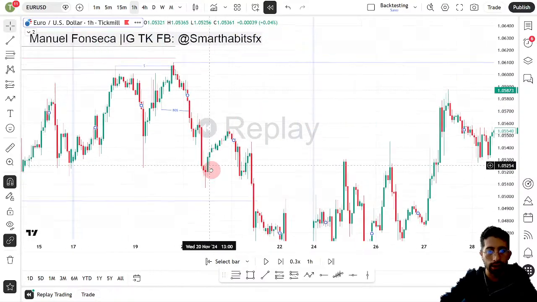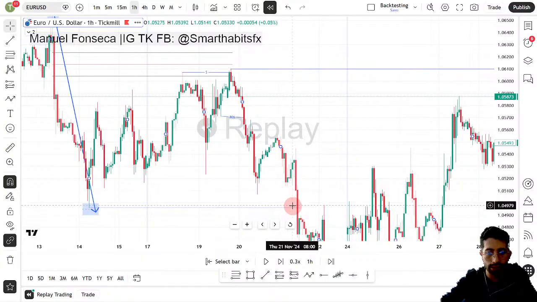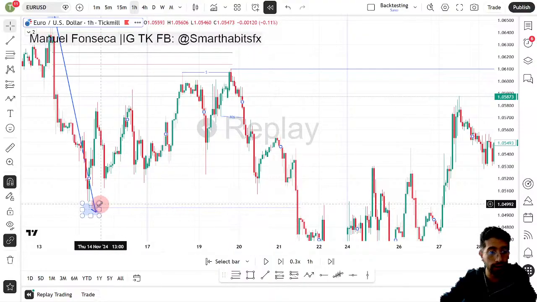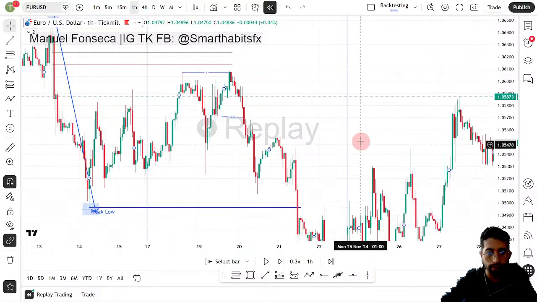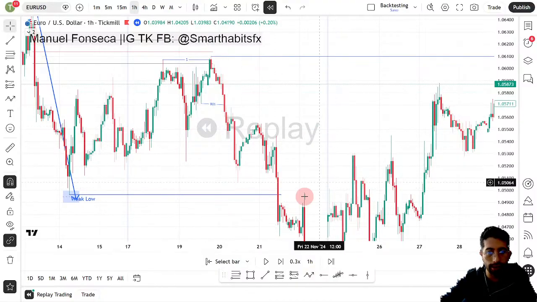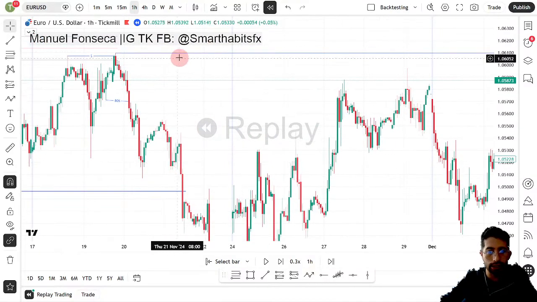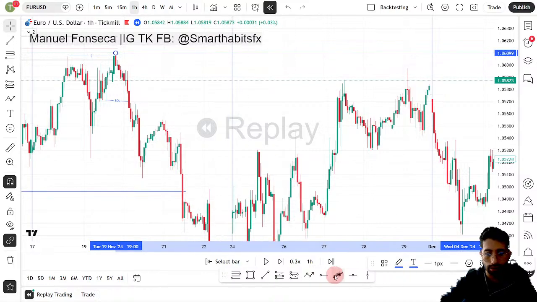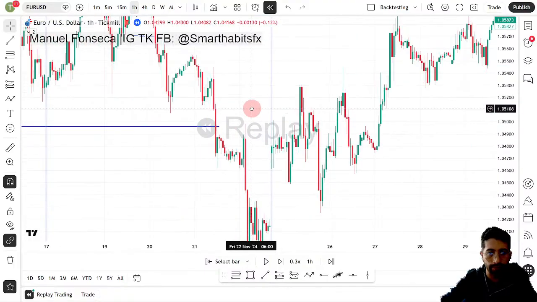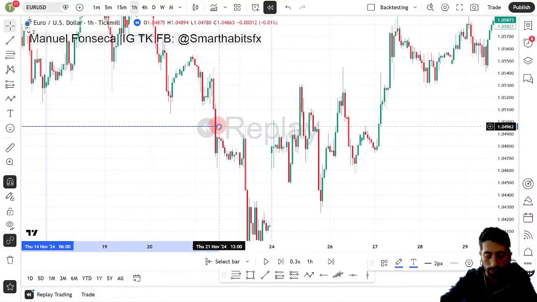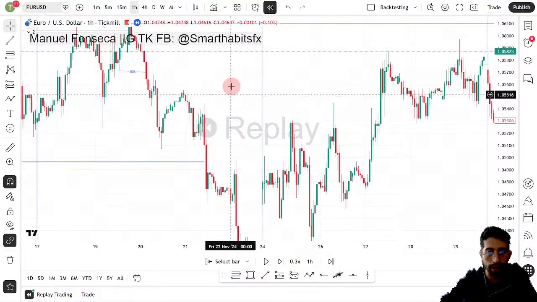Once it breaks the weak low, which will be this one because we're in a bearish trend, this high becomes the strong high. We already said it. And now we're gonna look for a break of structure as well. Once the break of structure has been done, we will look for a new range, for a new strong low.